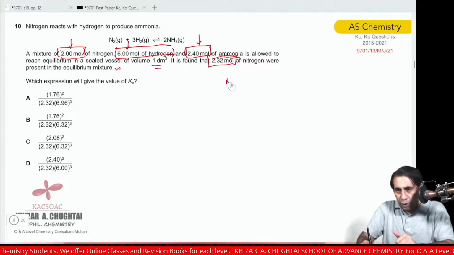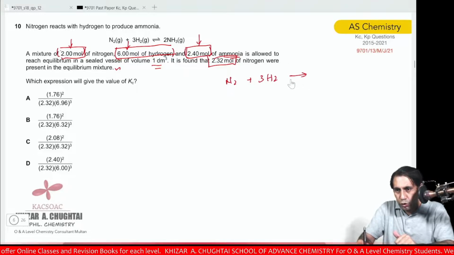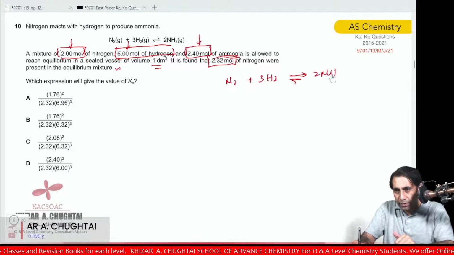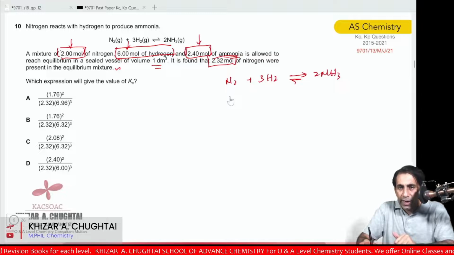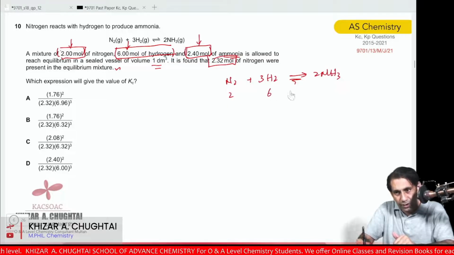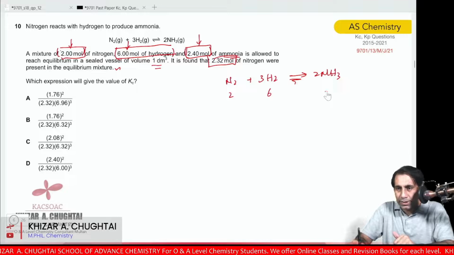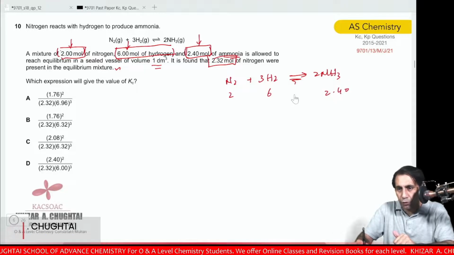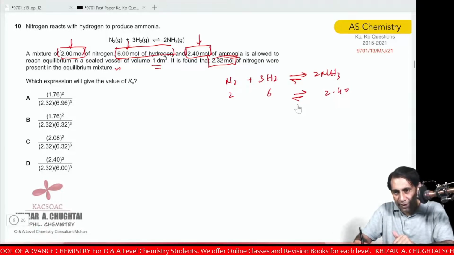I'm going to write it again over here: N2 plus 3H2 goes to 2NH3. Initially, nitrogen was 2 mole, hydrogen is equal to 6 mole, and ammonia is equal to 2.4 mole at the commencement of the reaction.